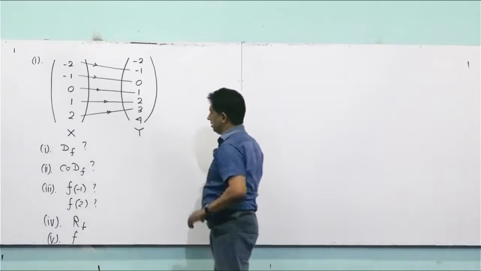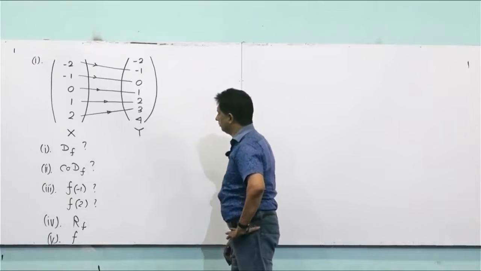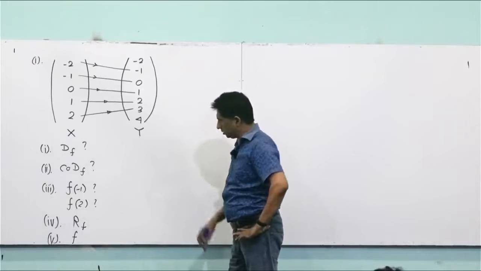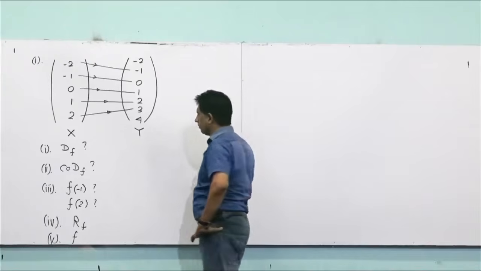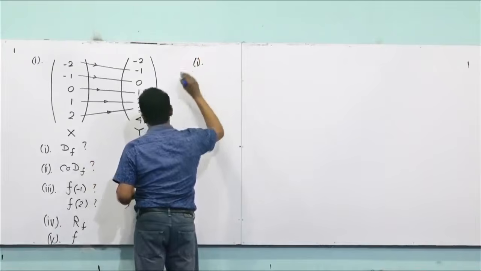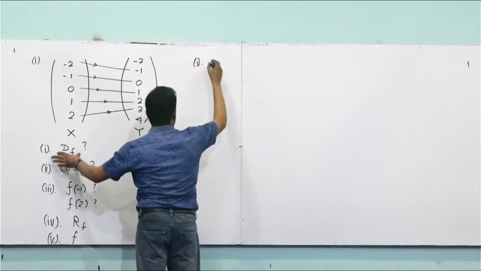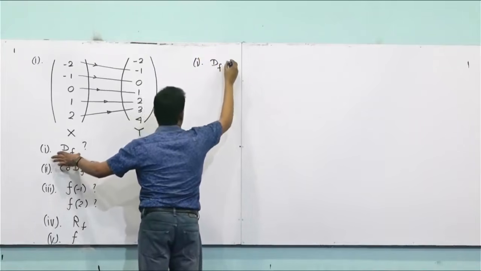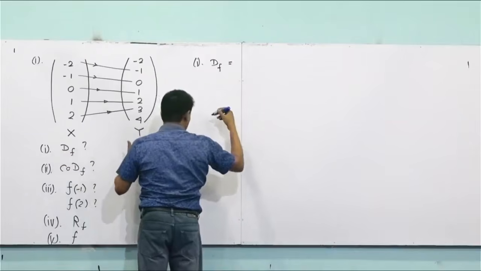Now, as this is first example, I will discuss, right? Okay, now what is the first question? DF. Then what is the DF?